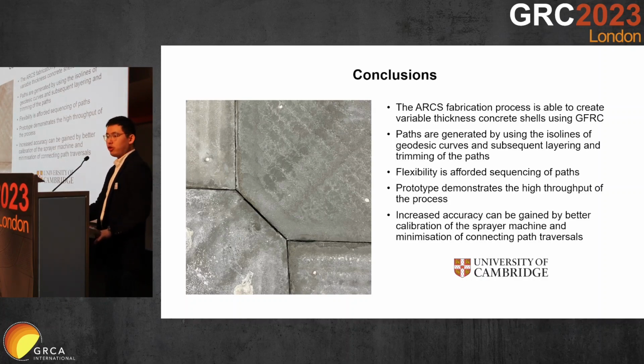There's a lot of flexibility afforded using this method because it's not constrained by your input geometry, so you can sequence them and add ribs, voids, whatever feature you want on top of this. However, there's some increase in accuracy that needs to be gained by further tuning and also increased automation of the process.